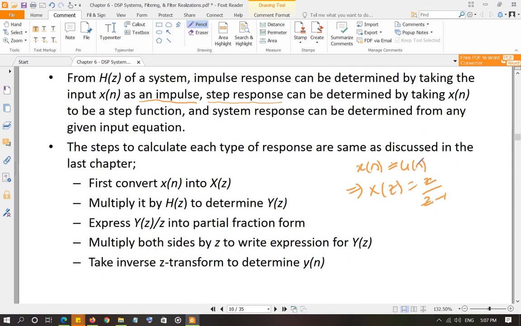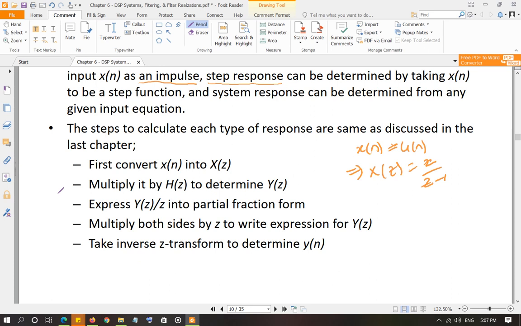Okay, so as we did in the last chapter, what is the procedure to find the system response, whether it is impulse response, step response, or simply the system response? First, you convert x(n) into X(z), multiply that by H(z), and then whatever polynomial you have, you divide both sides by z to express Y(z) over z as a polynomial fraction.